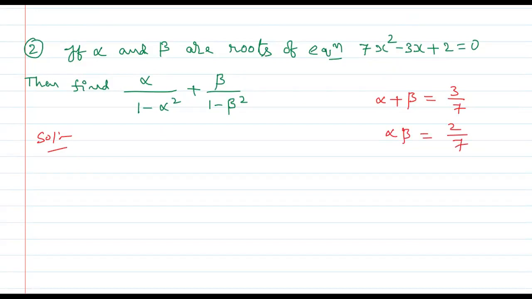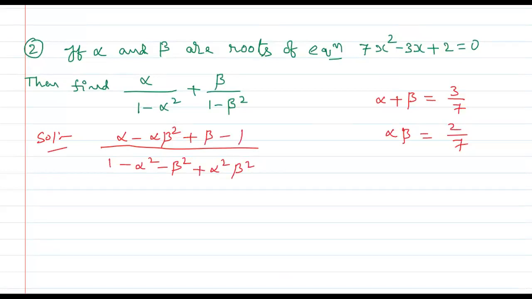Now this is simplified. Take the LCM. Denominator will come 1 minus alpha square minus beta square plus alpha square beta square. Now numerator: alpha minus alpha beta square plus beta minus beta alpha square.